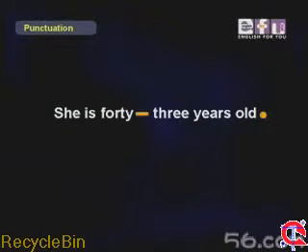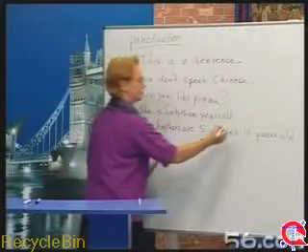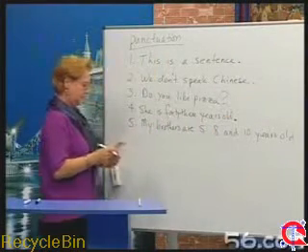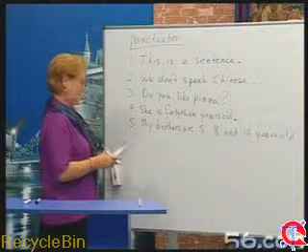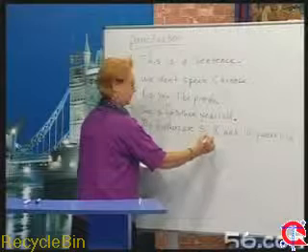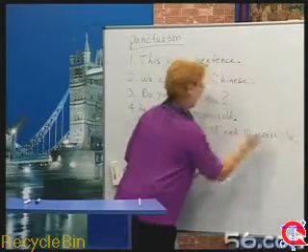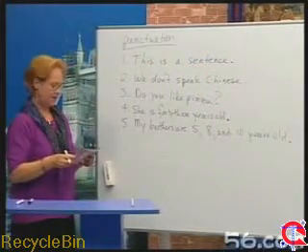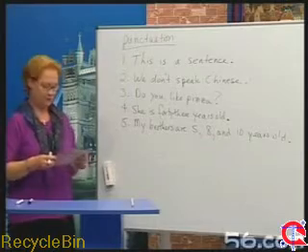She is 43 years old. Period. Yes, good. And last one, Isabel. My brothers are 5, 8, and 10 years old. Period. Okay. All right. There should also be a comma here. Okay? All right. Good job, all of you.